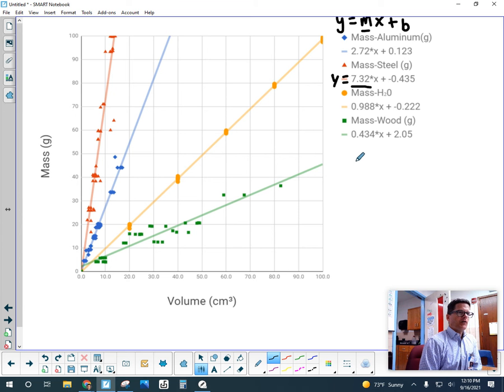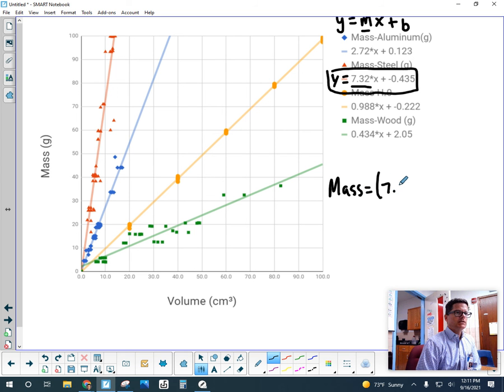So if I would rewrite this whole equation, not in terms of y and x, but in terms of what I'm actually plotting here, the y-axis is mass. So it's really saying mass equals 7.32.